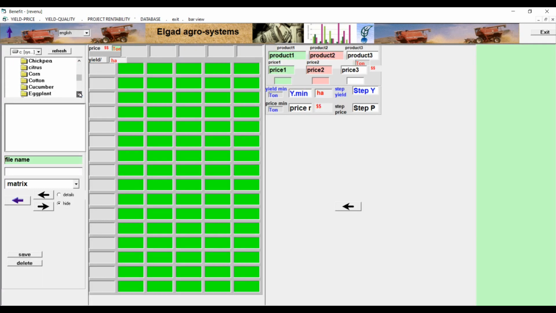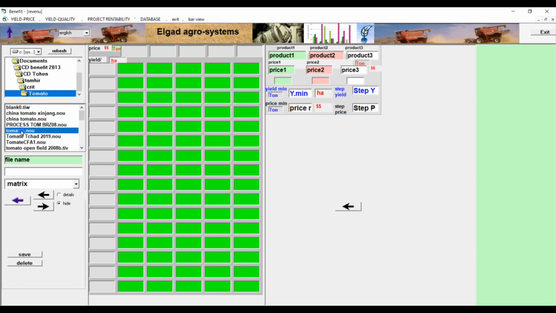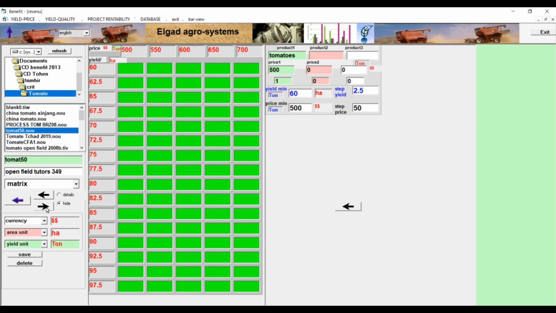Let us take another example. Let us look, for instance, at tomato, in dollar per hectare and ton.